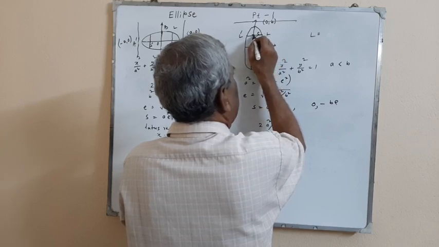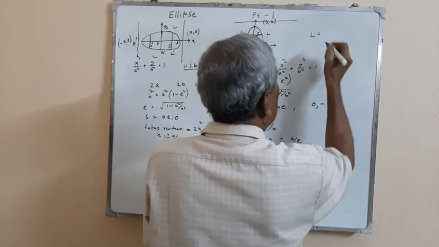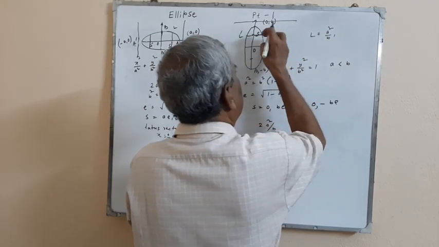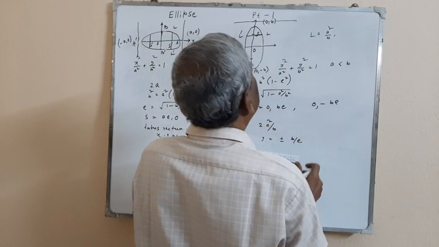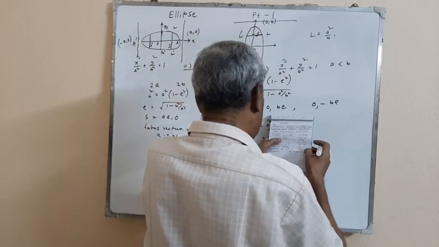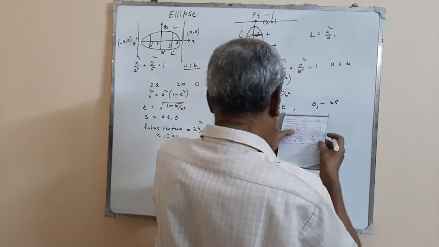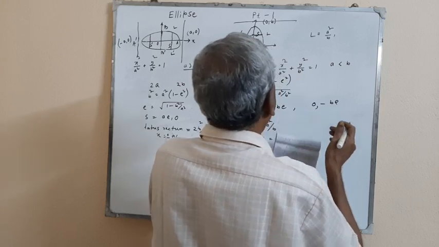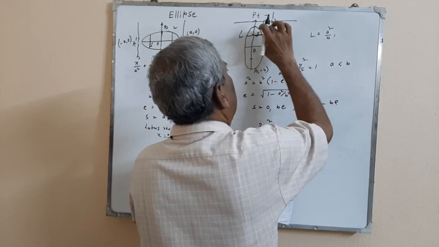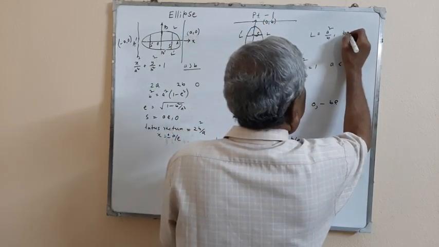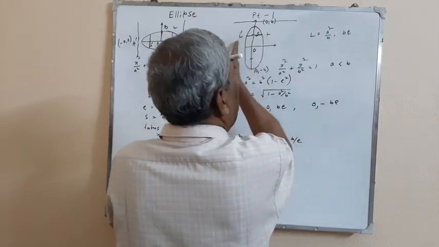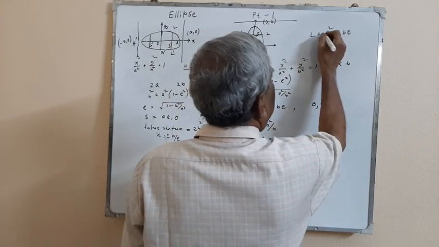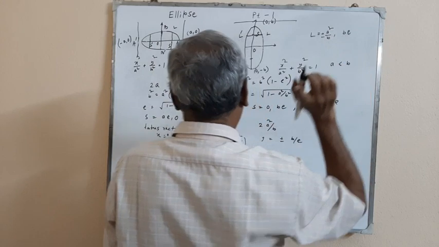So it is simply a square by b, comma, and its y coordinate is be, that one. So for L dash, it is minus b.